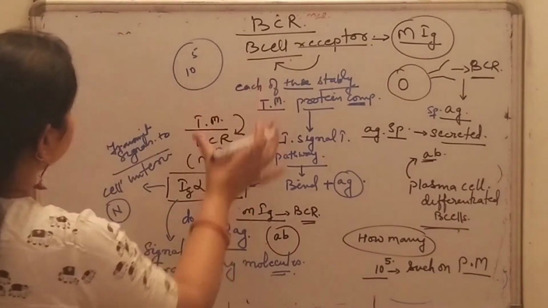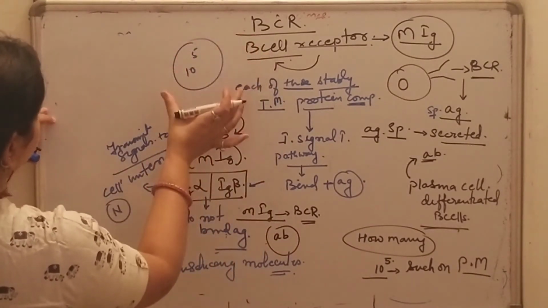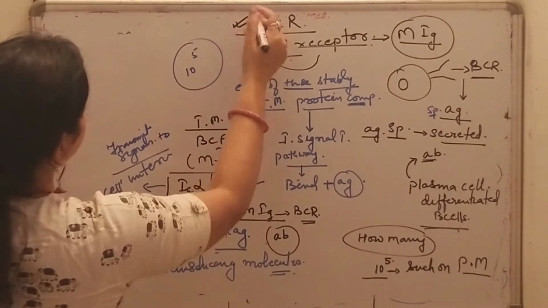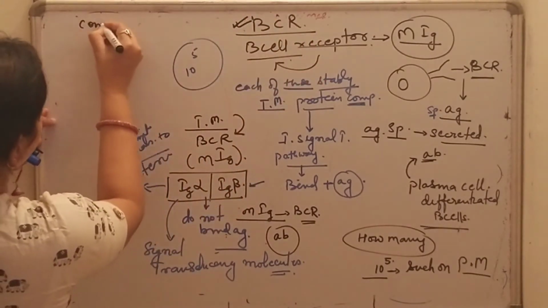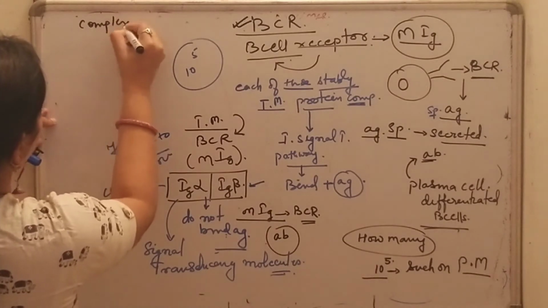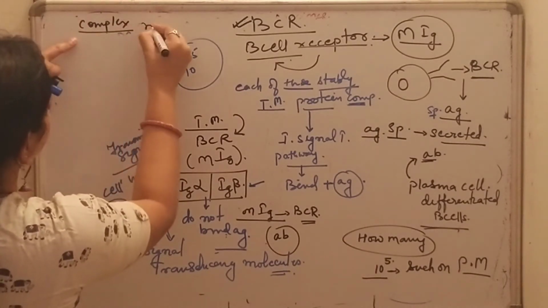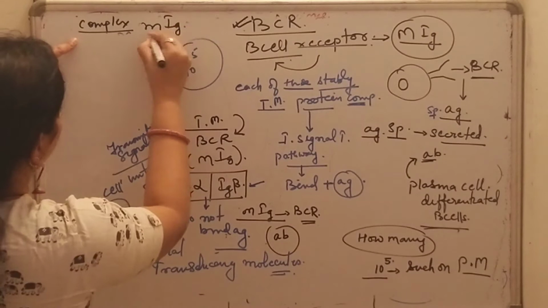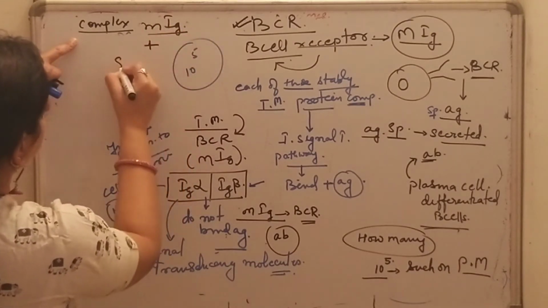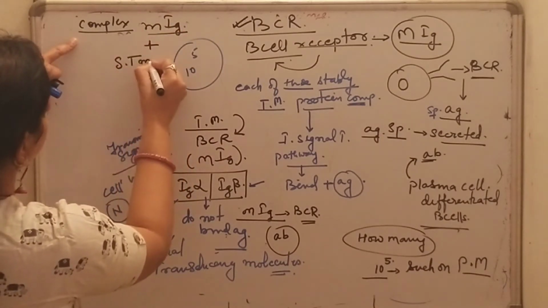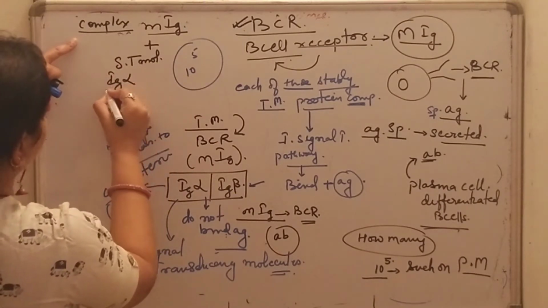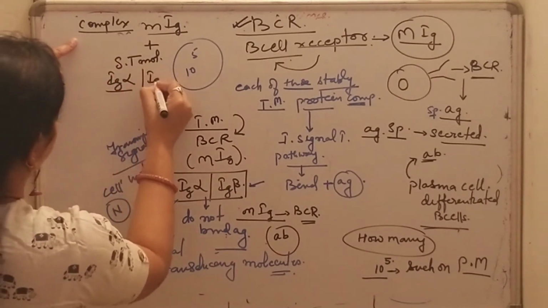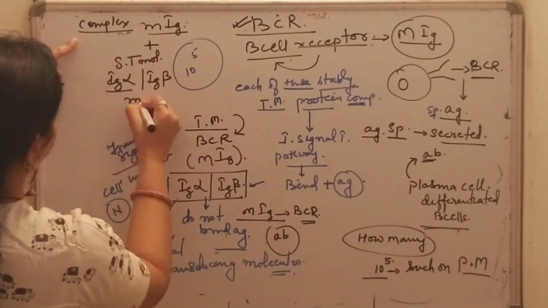Now we can define in an arranged way what the B cell receptor is. The B cell receptor, or BCR, is a complex which consists of membrane bound immunoglobulin and two associated signal transduction molecules, that is immunoglobulin alpha, Ig alpha, and Ig beta molecule.